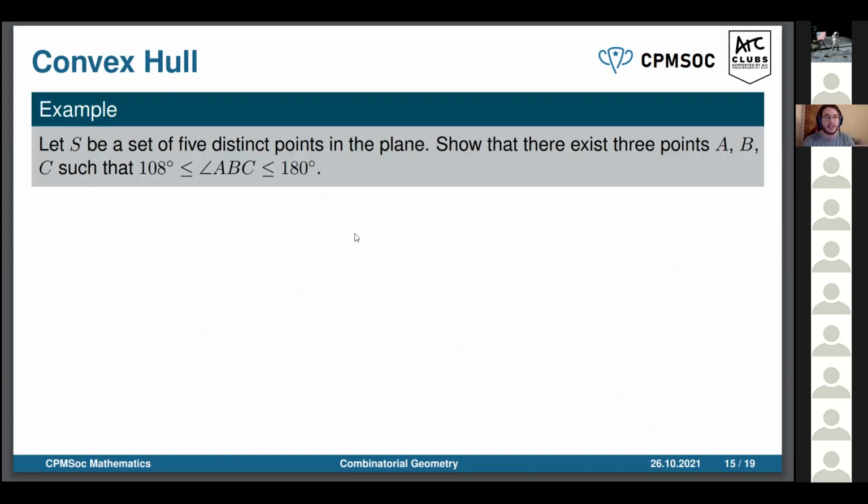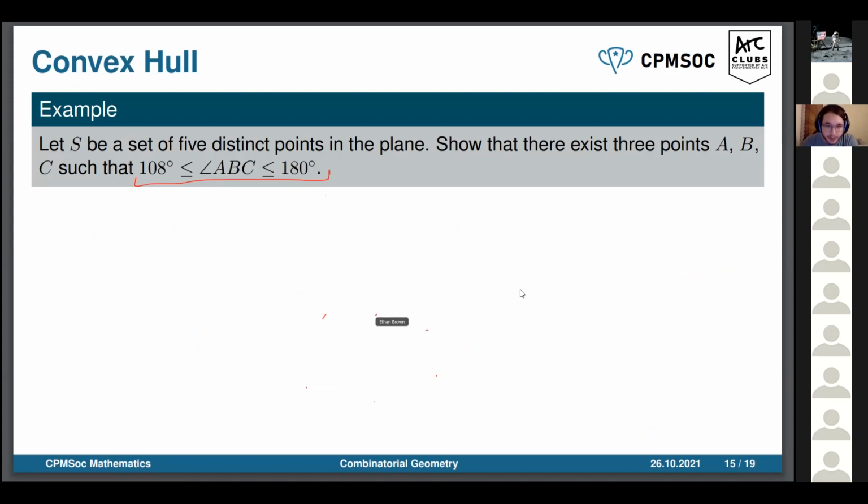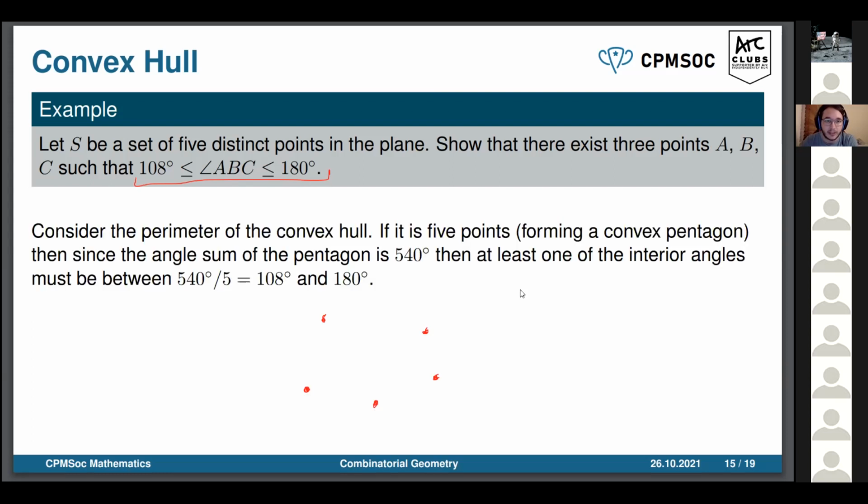So we have a set of 5 distinct points in the plane, and we want to show that there are 3 points, A, B, and C, such that this kind of angle inequality is true, right? So if we were to draw 5 points in our plane, it is possible in our first case that our convex hull ends up being the entire thing, right?